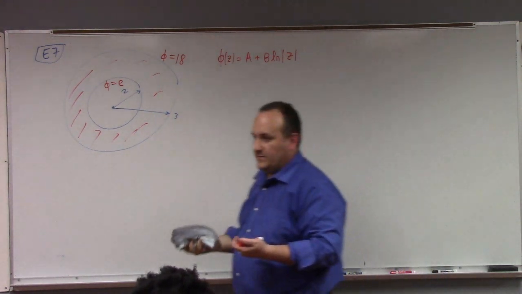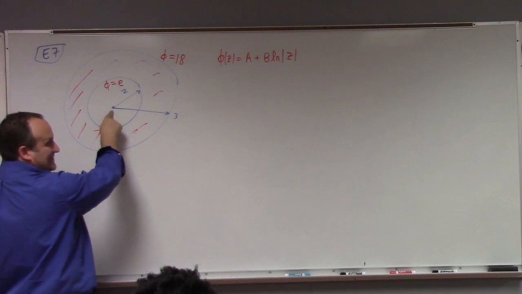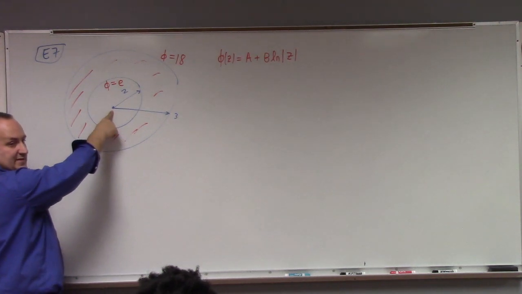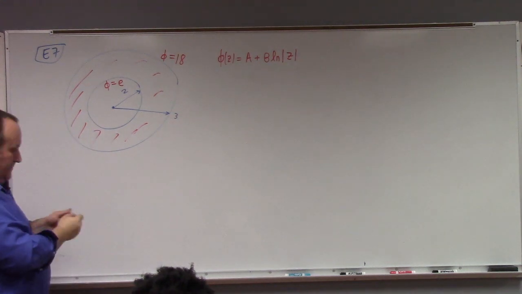But that's inside the annulus. We don't have to worry about that. If the annulus had instead been centered at z naught, all you do is replace z with z minus z naught, right? So it's not much different.